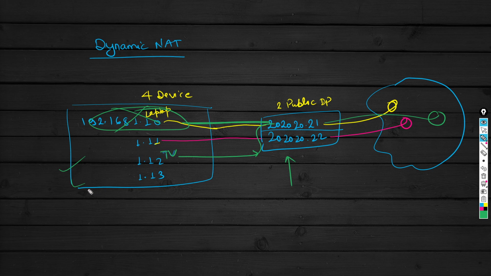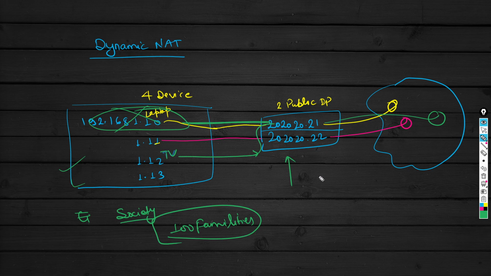For example, you are living in a small area, let's say a society, one tower in your building, where 100 families are living. We cannot afford providing 100 IP addresses for one society.